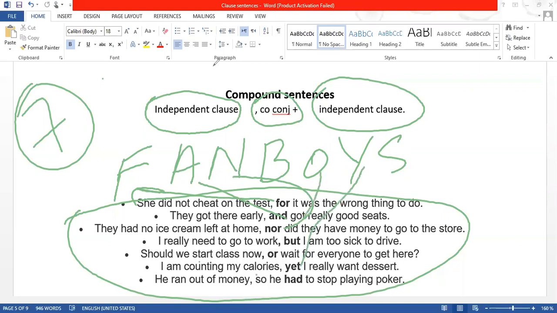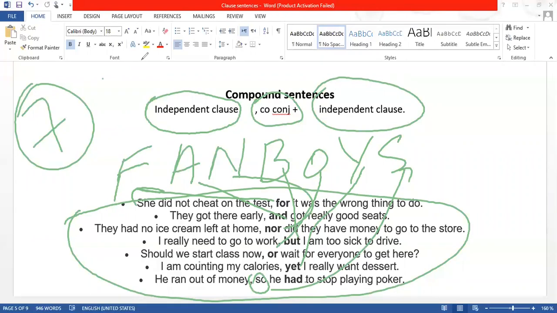And then O is or, and B is but, right? And sorry, this last one is so, S. So you read these, and these are coordinating conjunctions.